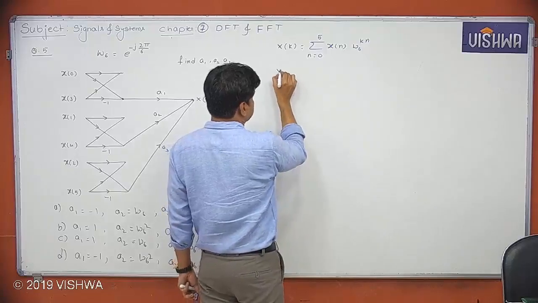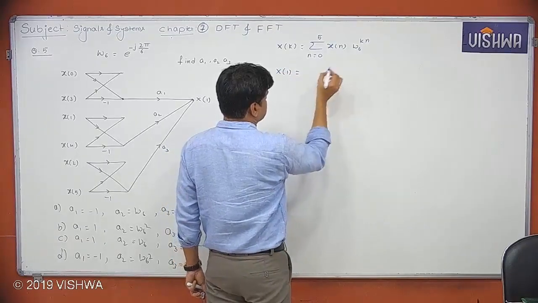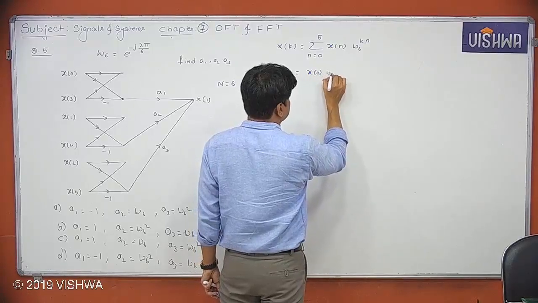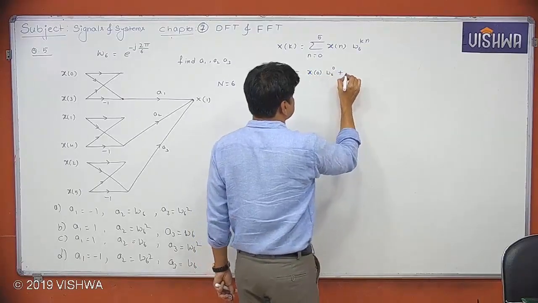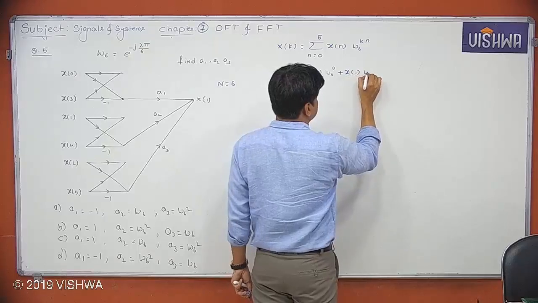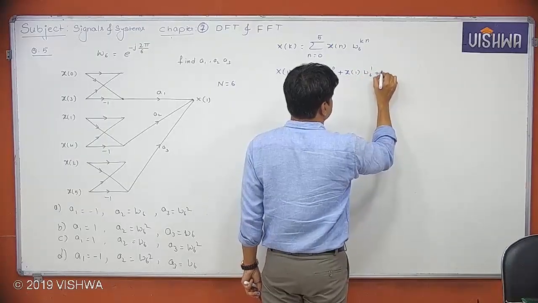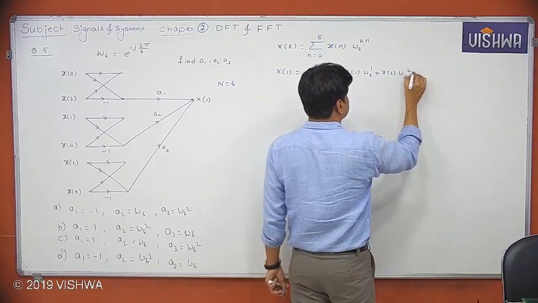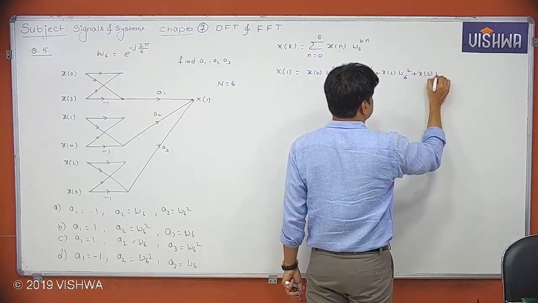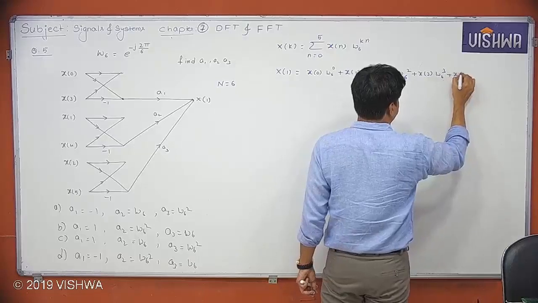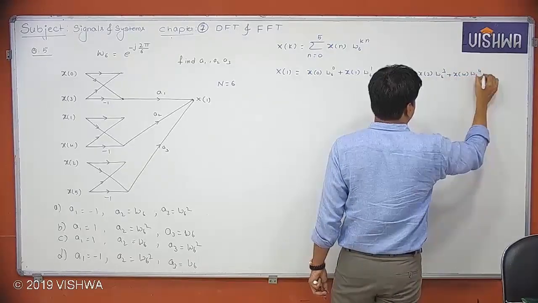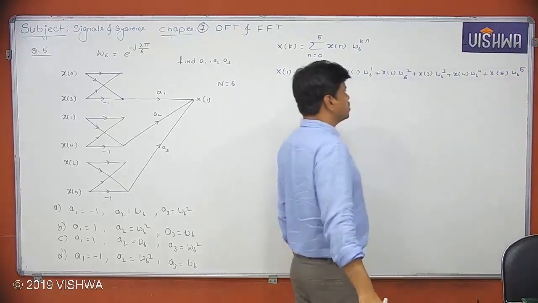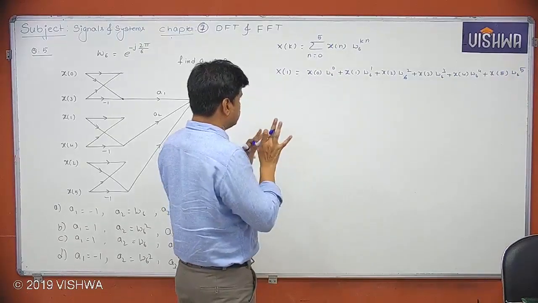Now I want particularly x of 1, so k value is equal to 1. That is nothing but x of 0 w6 power 0 plus x of 1 w6 power 1, x of 2 w6 square, x of 3 w6 cube, x of 4 w6 power 4, x of 5 w6 power 5. So this is the expression for x1.